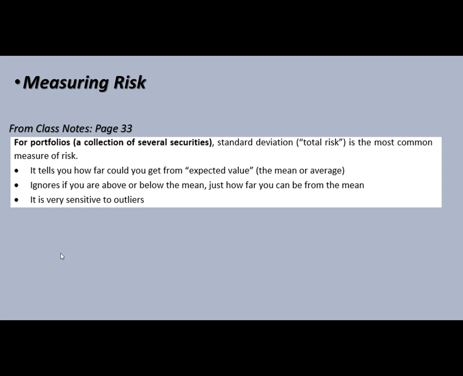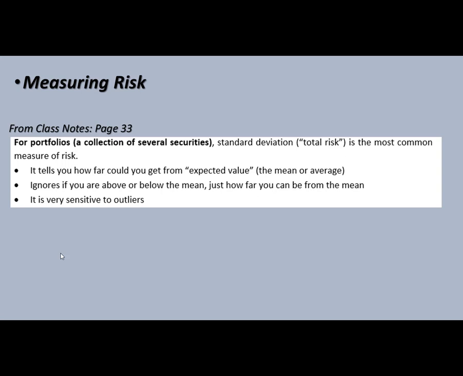All right, so for a portfolio where it's everything you have, your entire portfolio, standard deviation is the best measure of risk, because that's what you're worried about. That's called total risk. It's all of your risk. It tells you how far away you can get from the expected value. It ignores whether you're above average or below average.